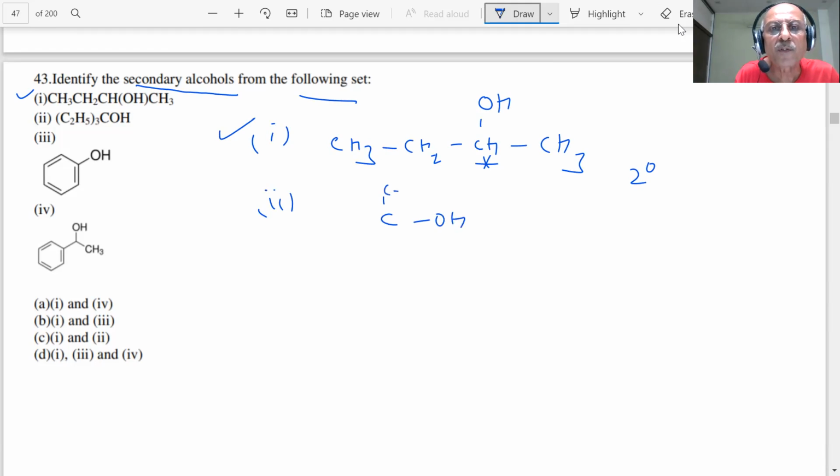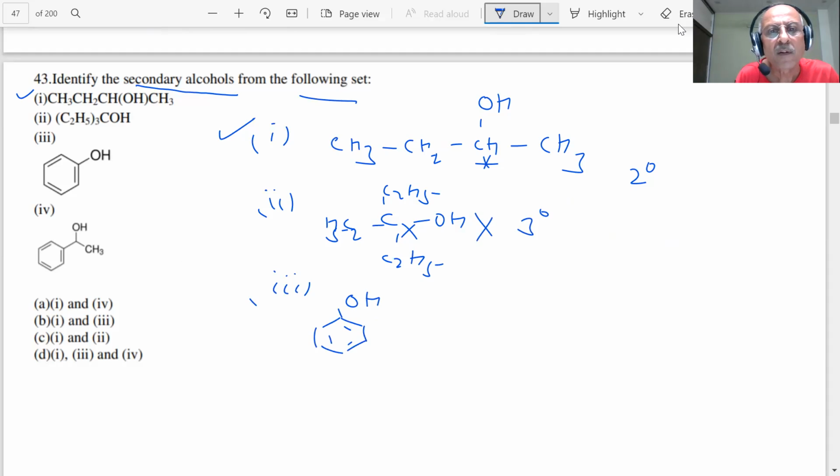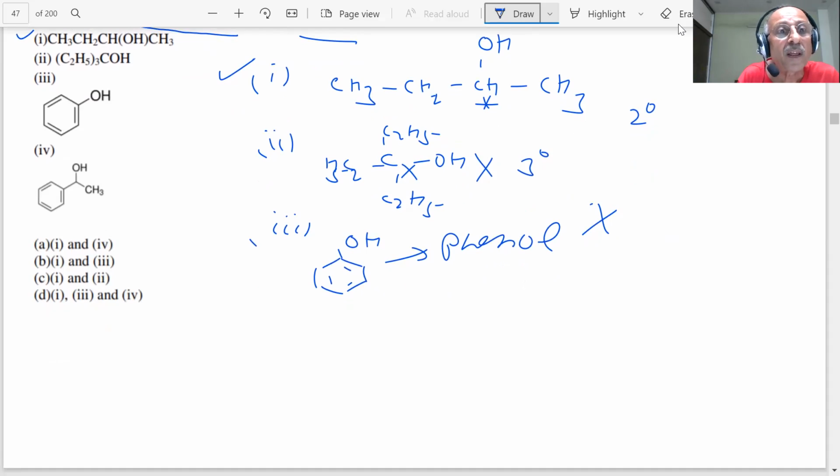COH with C2H5, C2H5, C2H5. This is not correct. This is a 3 degree. Let me see the third one, student. Third is a phenol. It is not an alcohol. Wrong. He has asked for alcohol.